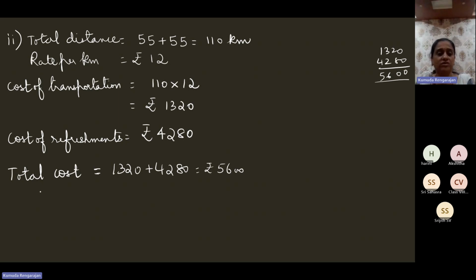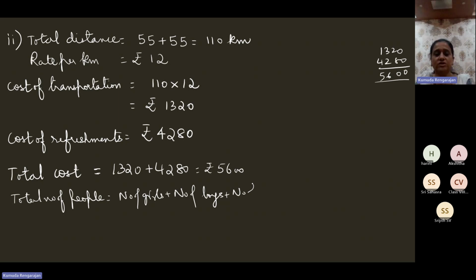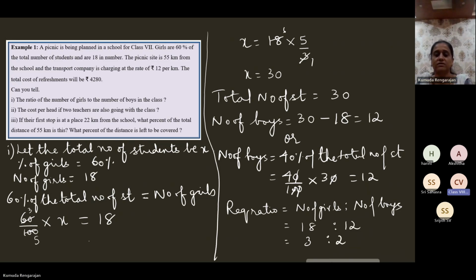Now, how many people are going for the trip? Total number of people is equal to number of girls plus number of boys plus number of teachers. How many girls are going, Sahasra? 60. That is percentage. Number. How many girls? 18, ma'am.